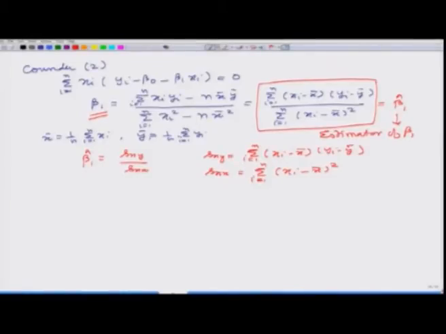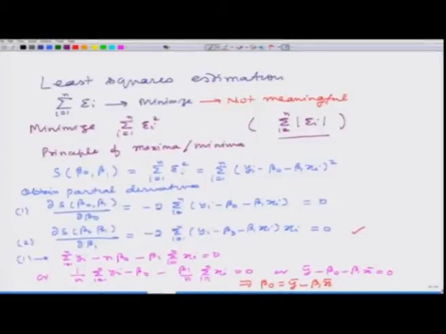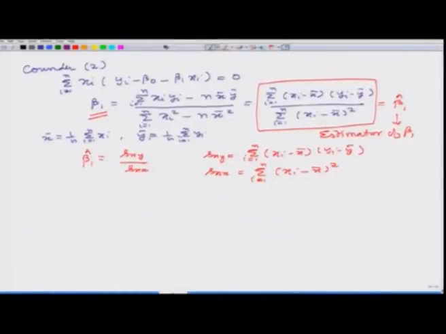Now, the value of beta 0 that we had obtained in the earlier slide, this is going to be known to us only when beta 1 is known to us. So, now this value of beta 0 can be known to us if I replace my beta 1 by beta 1 hat like this.